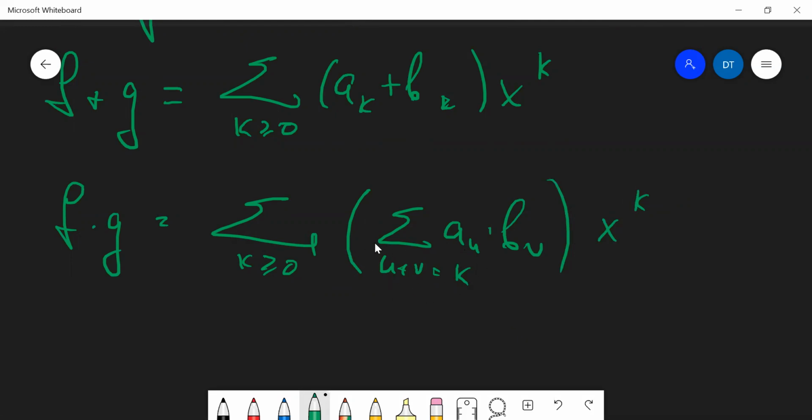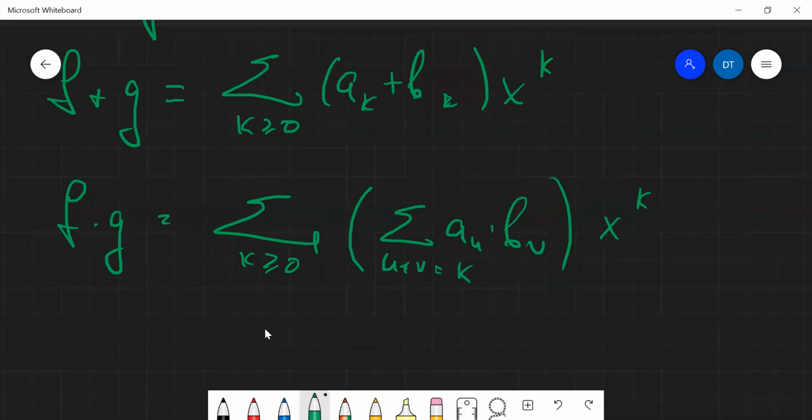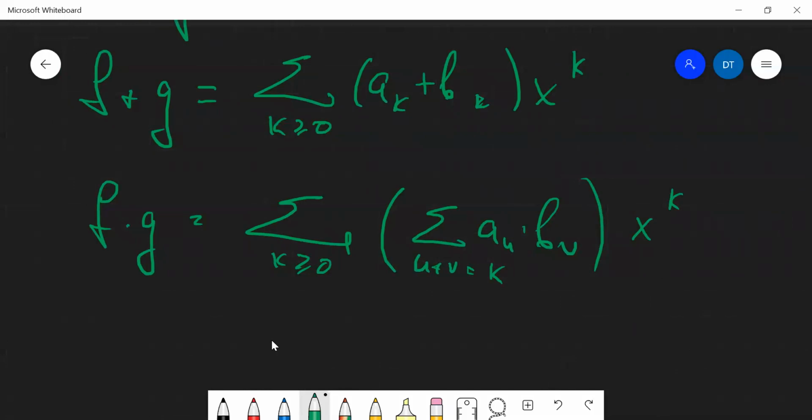This sum is also finite because it goes through non-negative u and v, and k is a finite number, and for sufficiently large u and v, all these numbers will be 0. Okay, so these are the formal rules.